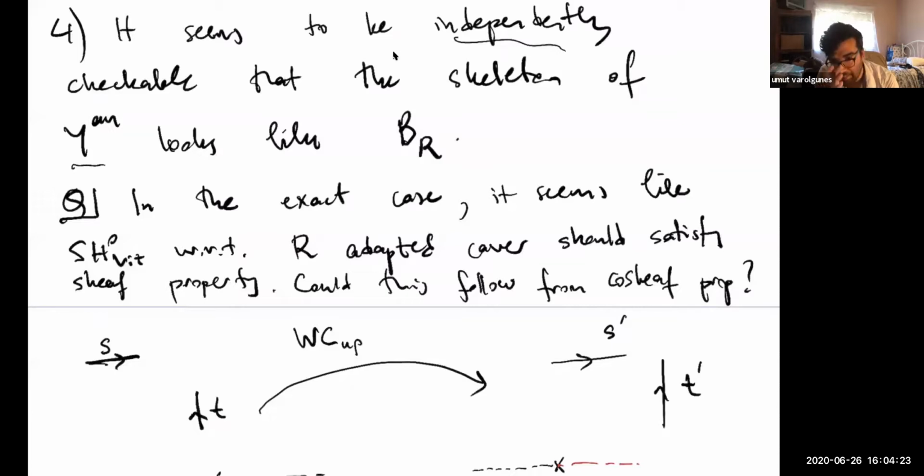But I claim that if you have a space covered by open sets, and each of those open sets admits an exhaustion such that each ith level of that exhaustion satisfies the sheaf property or descent property, then the open sets should also satisfy the descent property.